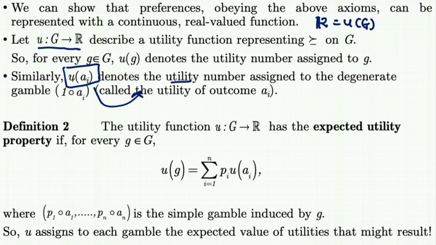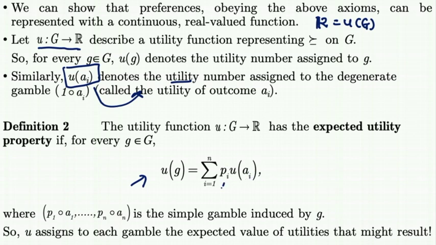Now let's look at definition 2 to be more formal. The utility function U, in which G is mapped into real number R, has the expected utility property if for every gamble G in the set of gambles, capital G, we have this: U of G is the sum of the probability of each outcome multiplied by the utility of each outcome.